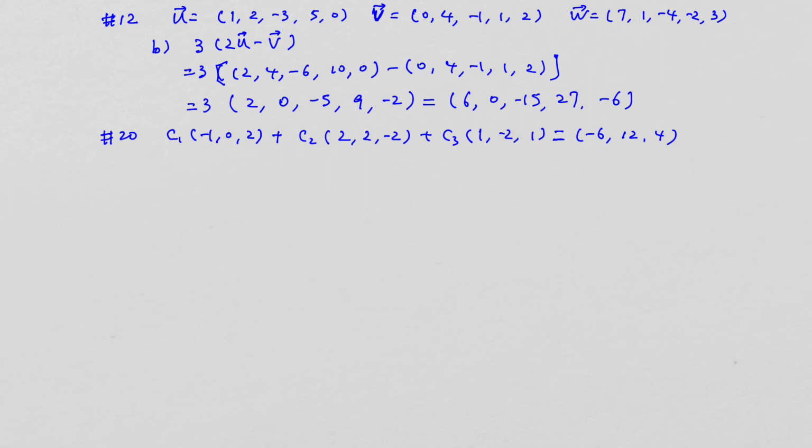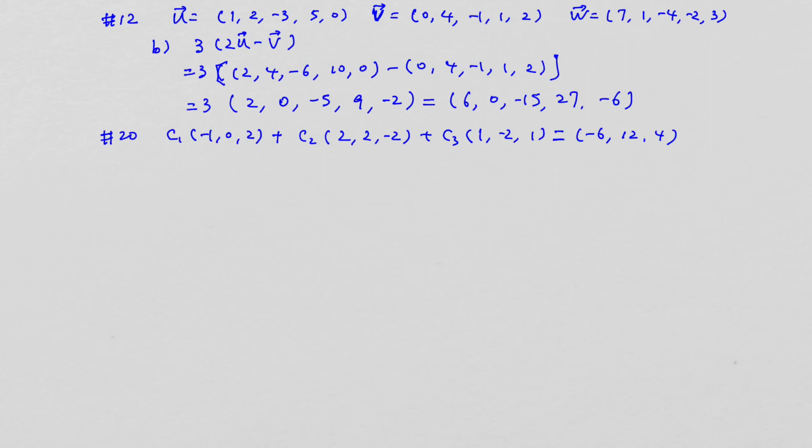So let's see. What we do is we just use a system of equations. Now I'm going to let you know that this is called a linear combination. It means that this many of this vector added to this many of this vector added to this many of this vector will equal a new vector. Now we just need to know how many these numbers should be.